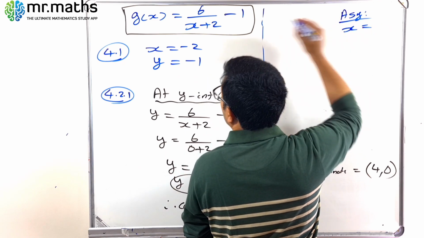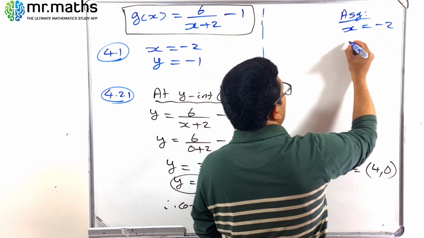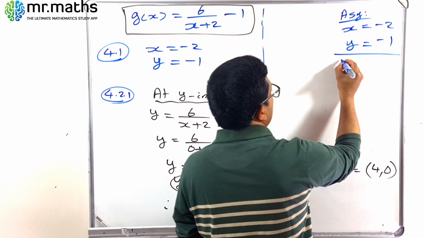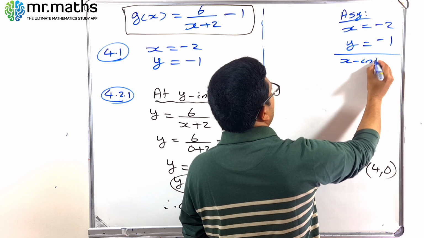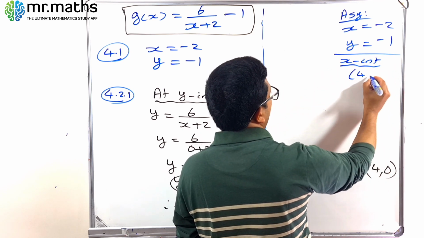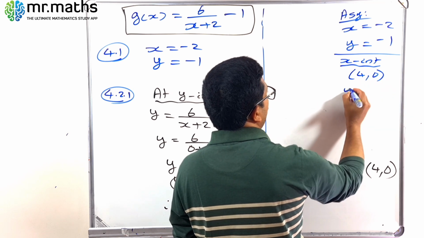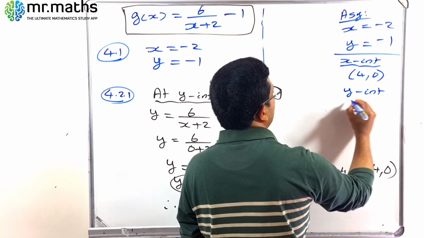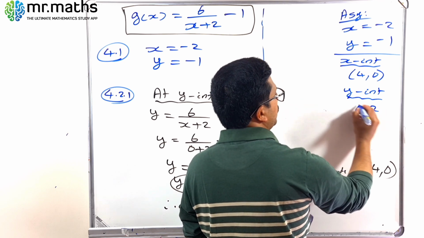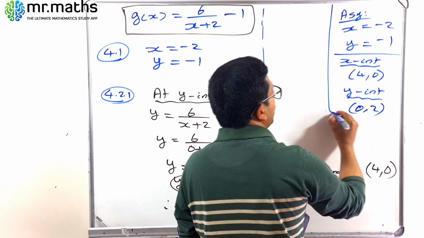X is equal to minus 2, y is equal to minus 1, and x-intercept. What is the x-intercept? 4 comma 0. Y-intercept. What is the y-intercept? 0 comma 2. So this is what we got so far.